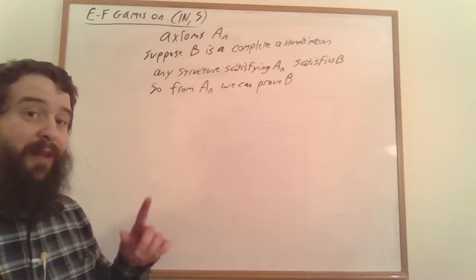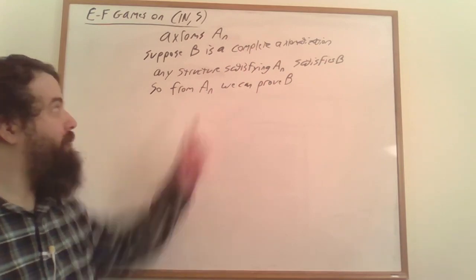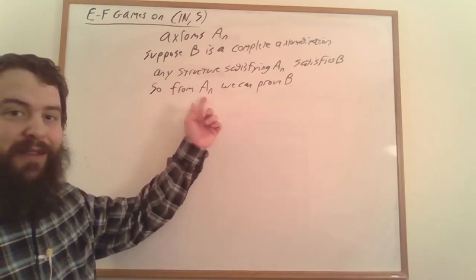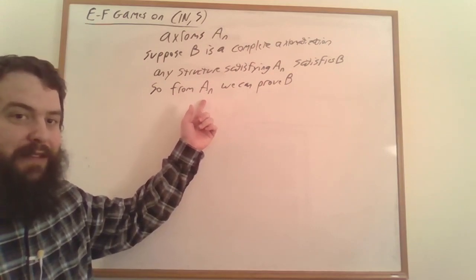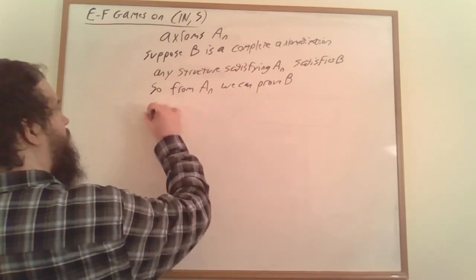Now here's the clever bit. Remember that any proof that uses an infinite number of hypotheses actually only uses a finite number of those hypotheses, because the proof is finite.